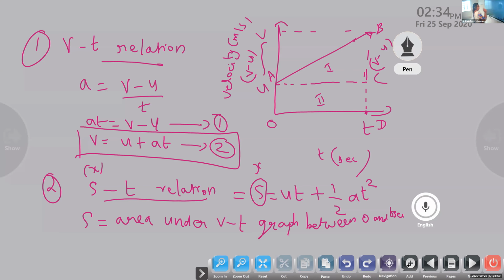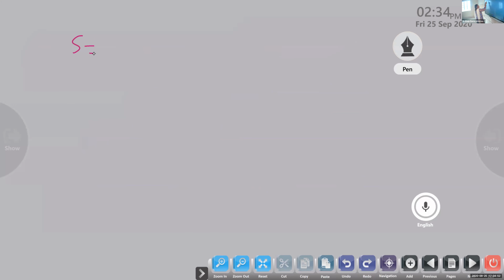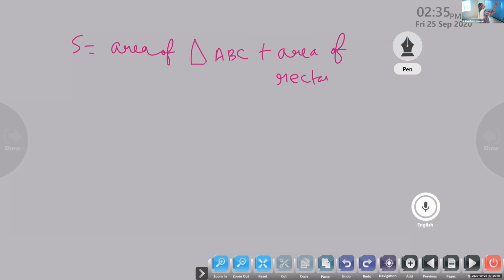Okay. Now we are going to substitute what the area is. That is the area of triangle, right triangle ABC, plus the area of rectangle OACD.